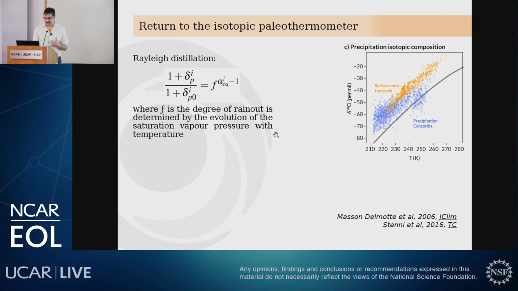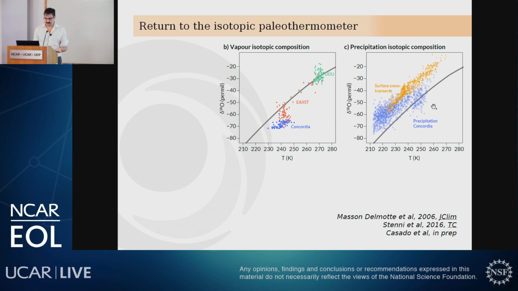And typically here, you can easily fit something that would match the surface snow isotopic composition, so the spatial slope, but it's very difficult to have something that would fit the temporal slope. You can do basically the same here with the vapor. So in green is the data from DDU, the coastal site, in blue from Concordia. Those are two temporal variations of vapor isotopic composition, and in orange is the spatial slope.